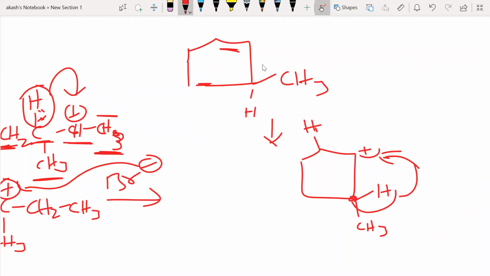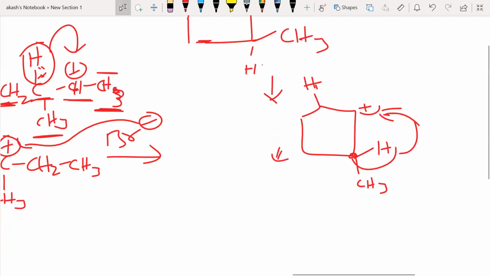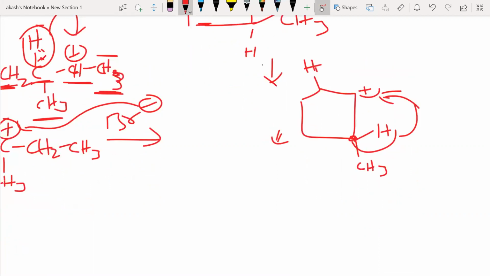Now what will happen? Let me make some space. So this is the carbocation. If I have the rearrangement happening, you will see that I am going to have a carbocation here, and the hydrogen has actually gone here.